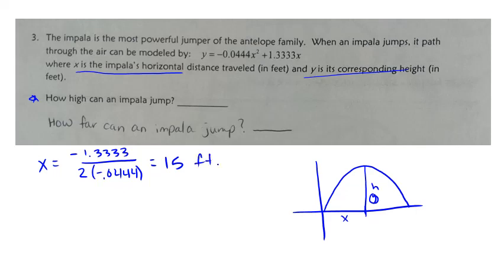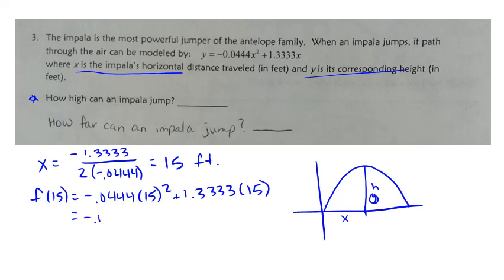Okay, again, that doesn't answer the question. I want to know how high. So now I have to take f of 15, and let's plug that into the function. Okay, correct order of operations would be exponents first, and we can go ahead and multiply that.